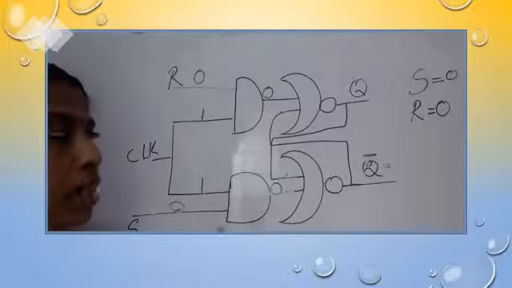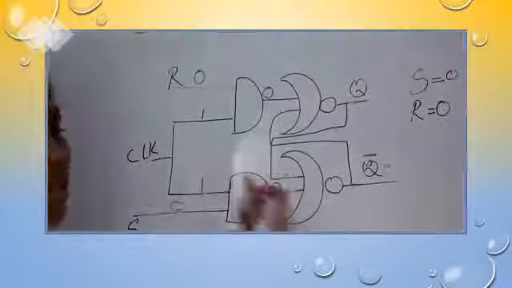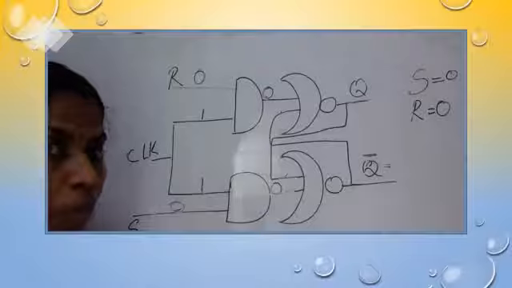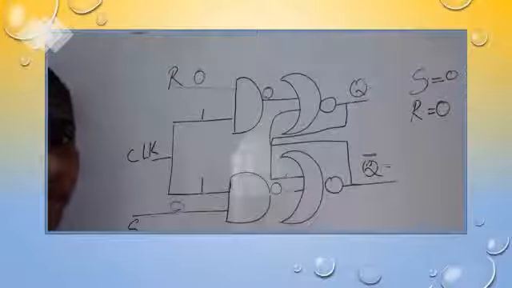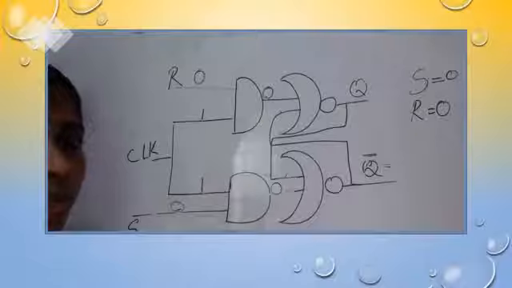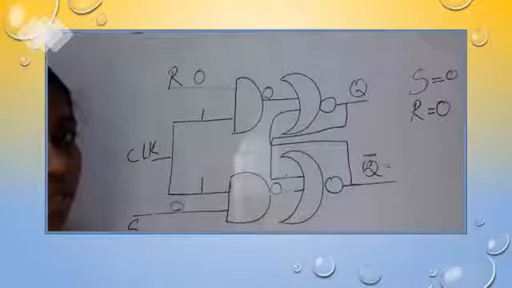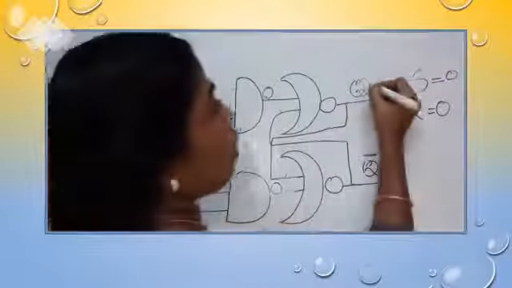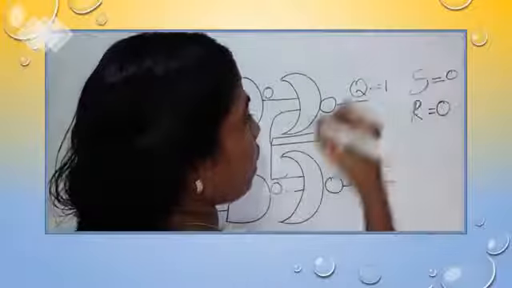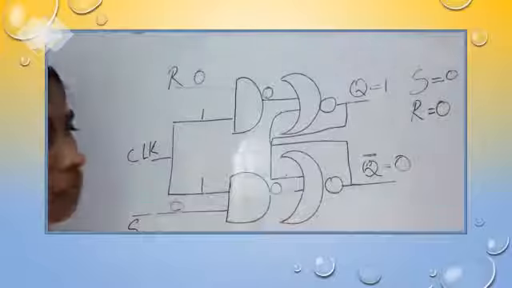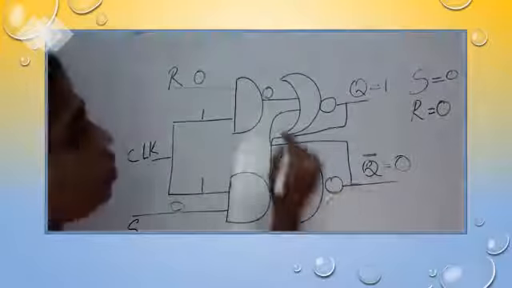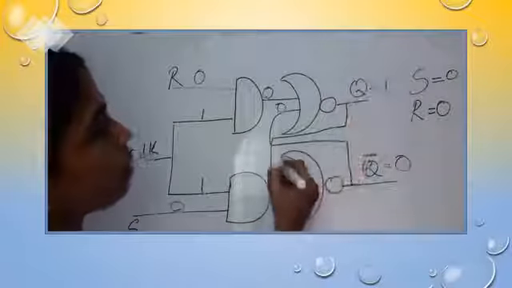Clear? In this case, we will consider the previous state of this SR flip-flop. Then what was the previous state of this SR flip-flop? Yes, it is set state. That is Q is equal to 1 and Q dash is equal to 0. Okay. Then 0 will come here and 1 will come here.